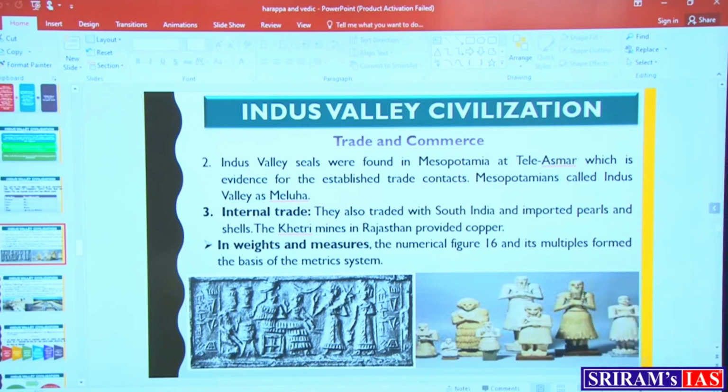There is a Mesopotamian city called Tel Asmar. Here we have found some script, and that is referring to all these things.